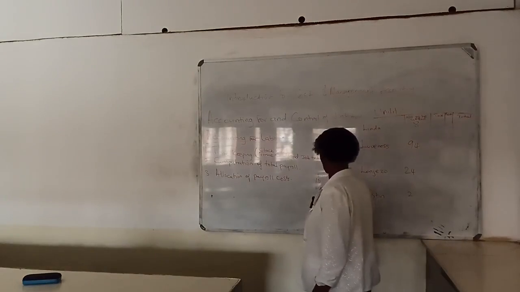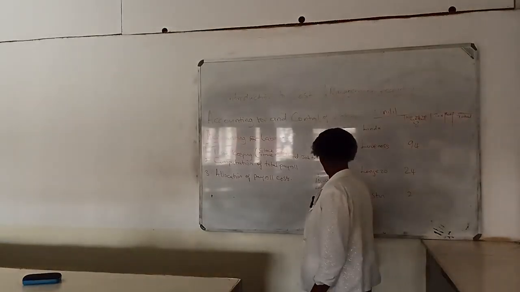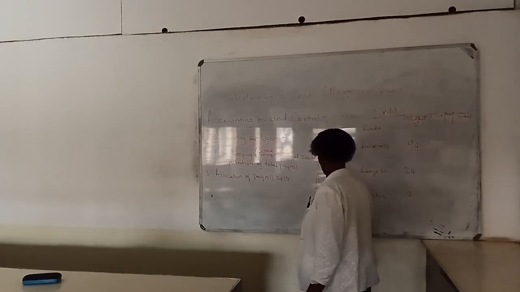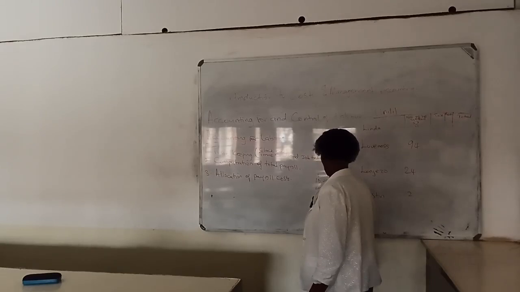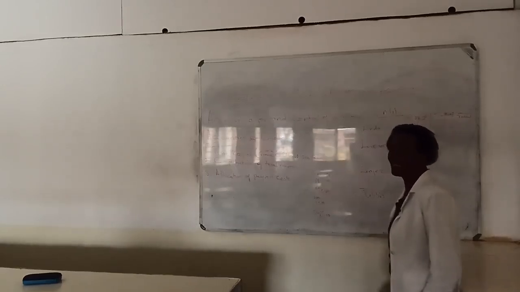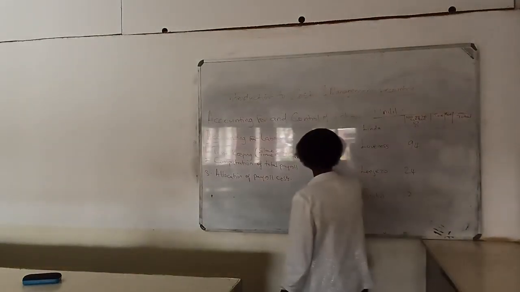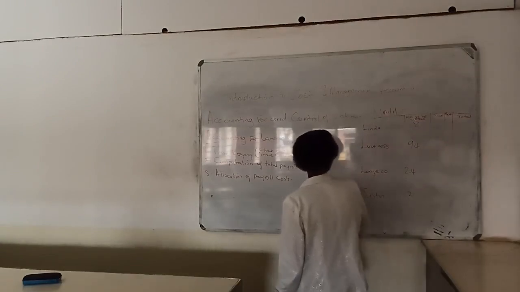Loveness is how much? 15,000. And then Lonjezo, 5,000. Justin, 45,000. These are the rates of our employees that we have at Unreal.